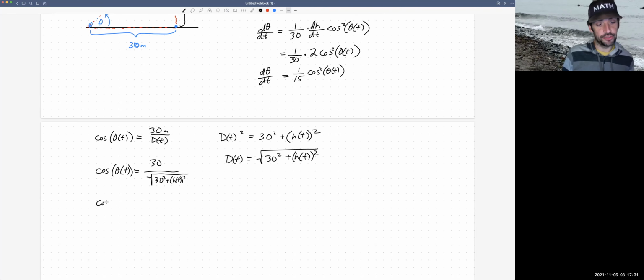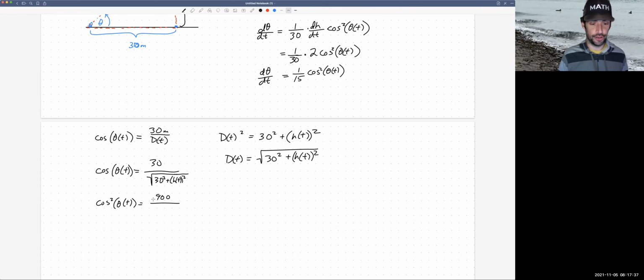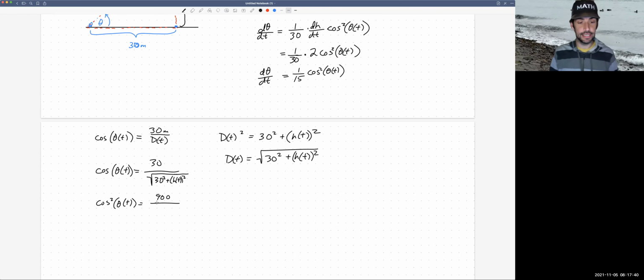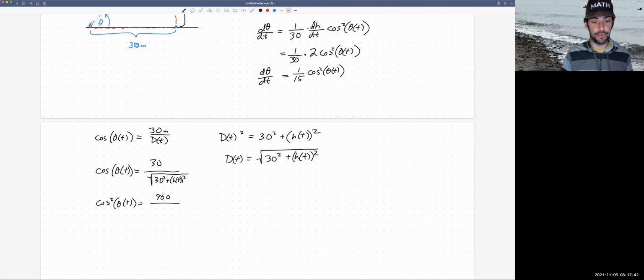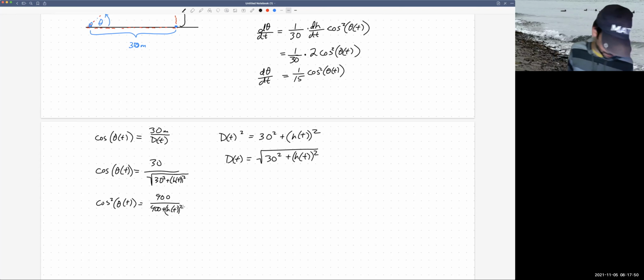We wanted cosine squared. We're just going to square this thing and we get 900 over 900, the square root goes away. So then we'll get 30 squared is 900 plus h of t squared.